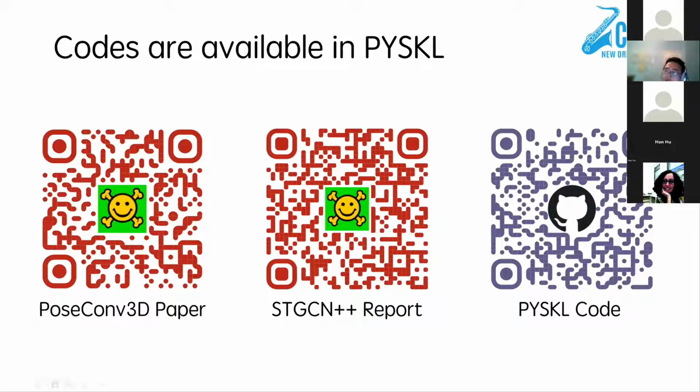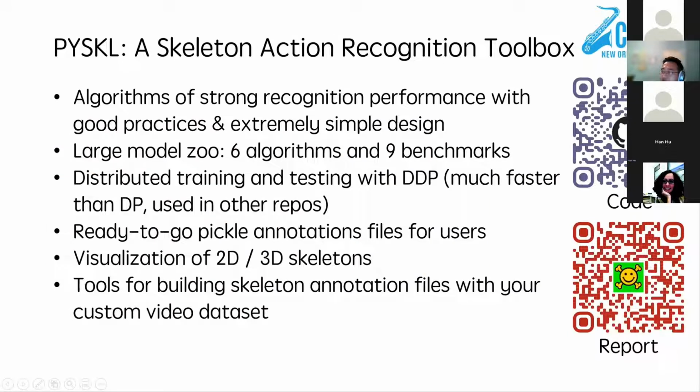And here is a brief introduction to our newly released code base, PYSKL. It is a comprehensive toolbox for skeleton-based action recognition. It implements two different algorithms and benchmarks them on 9 different datasets. Our implementations are simple, compact, and elegant, with multiple existing or original good practices included.